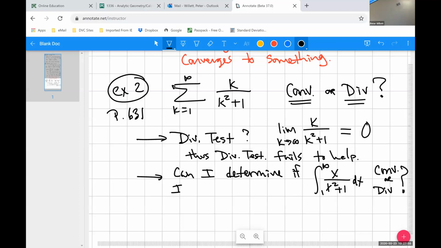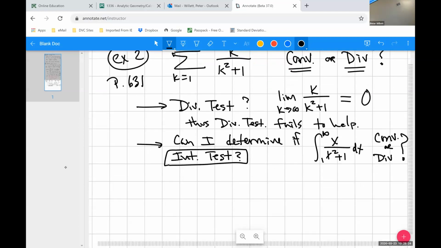Because this is the integral test. The integral test tells us that the integral of the function that has the same sort of formula as the formula for the terms of the series, if that improper integral from 1 to infinity can be determined to converge or diverge, then we know the same thing is true about the series.